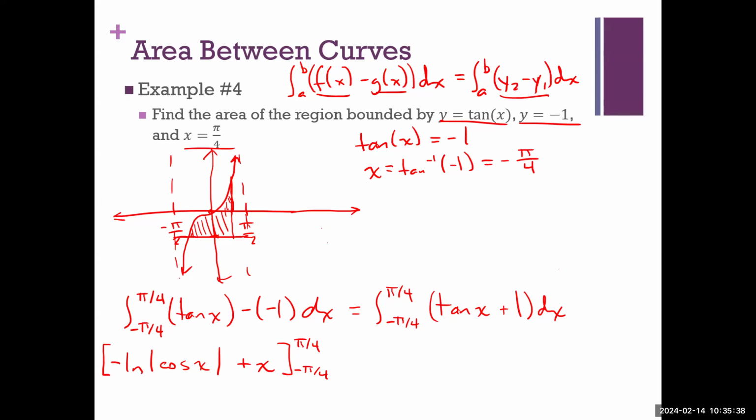So now we can evaluate, right? What is the cosine of pi over 4? Root 2 over 2, plus pi over 4, minus the negative natural log of root 2 over 2, right?